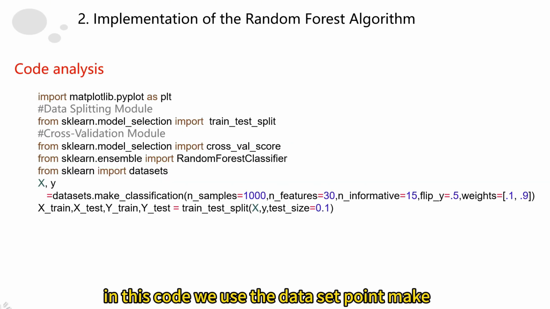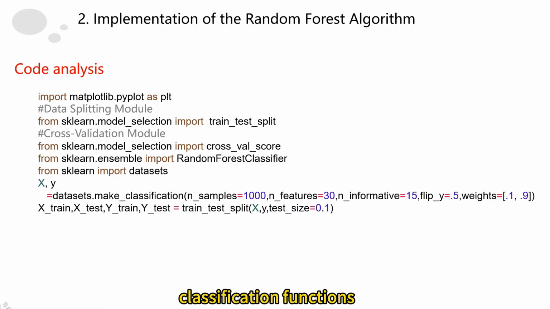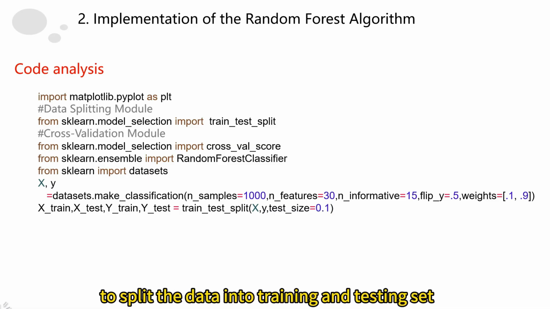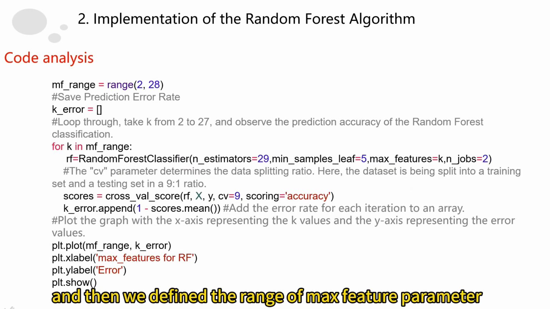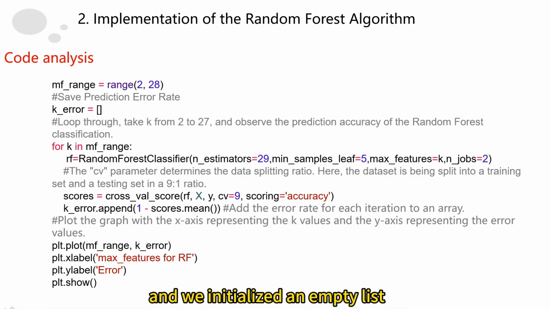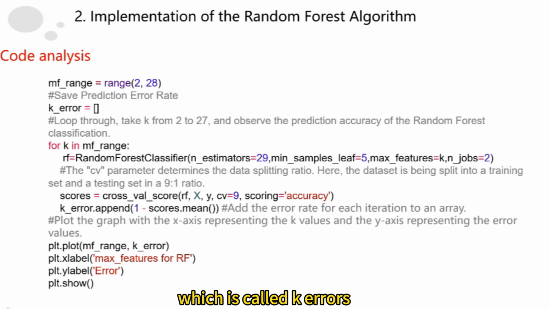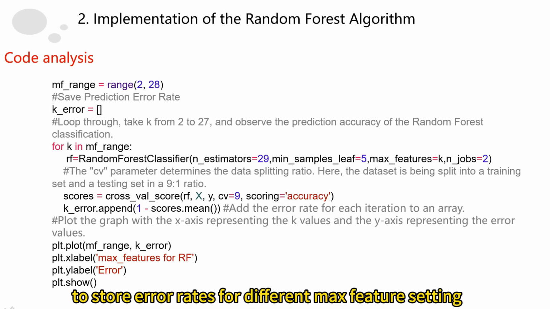In this code, we use the datasets.make_classification function to split the data into training and testing sets. And then we define the range of the max_features parameter. And we initialize an empty list, which is called k_errors, to store error rates for different max_features settings.